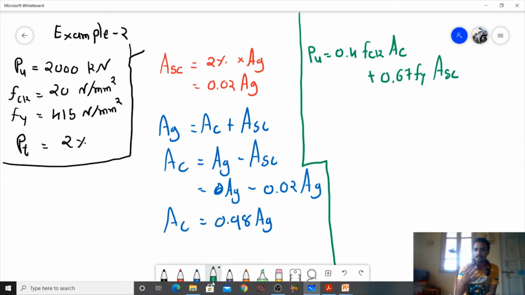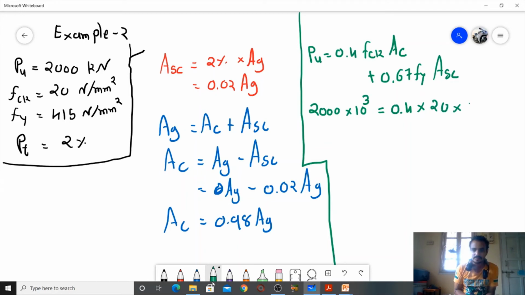Pu is given as 2000 kilonewton, but I need it in newtons, so Pu is 2000 into 10 raised to 3 newton. So 0.4 into fck, 20 newton per mm square.